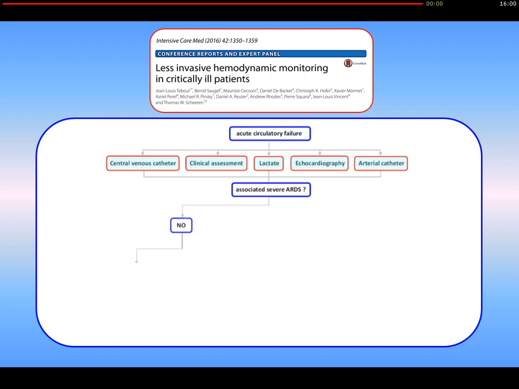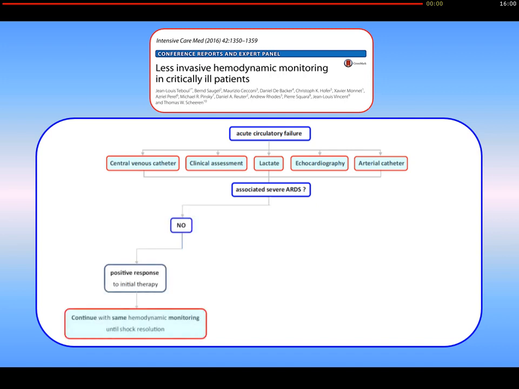We propose to use the transpulmonary thermodilution systems in case of refractory shock, and someone asked the question, what is a refractory shock?